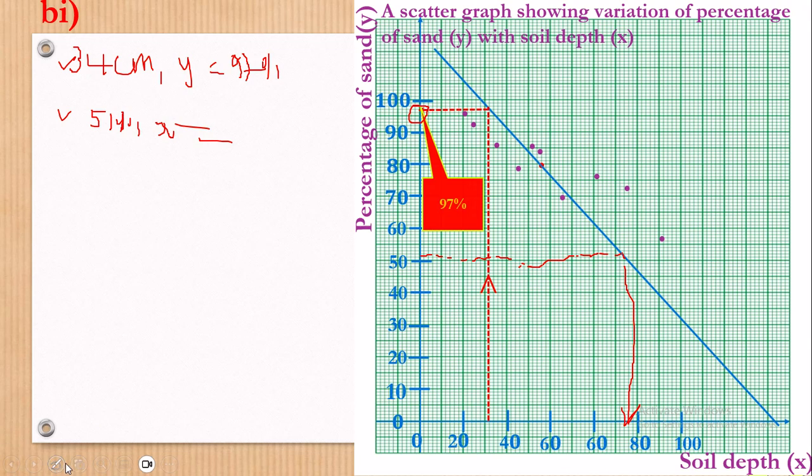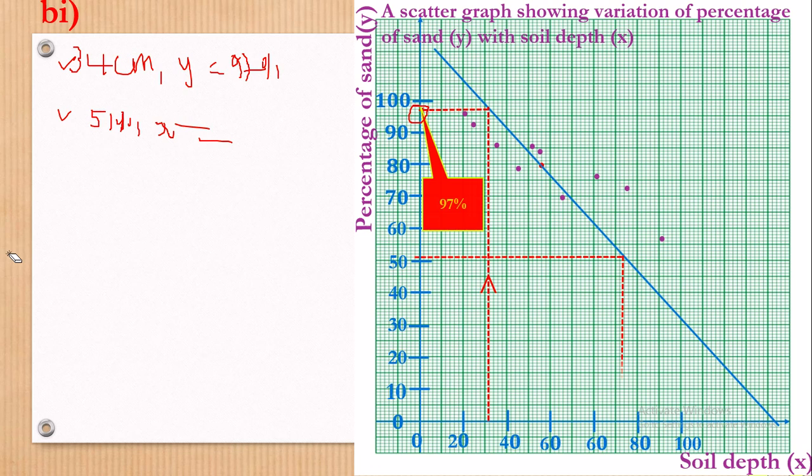Allow me to clear this off. Alright, good. Now let's see how that is done. So dotted line is up to where it touches the curve, then downwards.